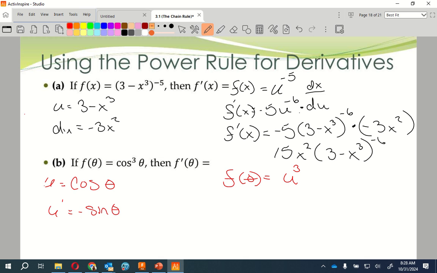I know this is going to sound kind of confusing, but I'm going to do the full notation on this now. So the full Leibniz, so when we look at our notes and it says in Leibniz form, I'll show you. So this is going to turn into f prime of theta is equal to 3u squared times d theta du.